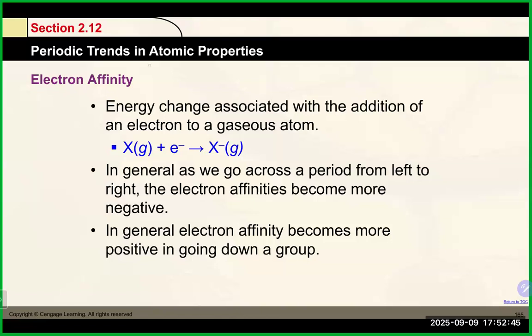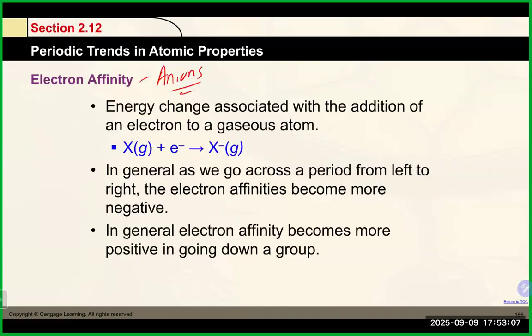Atoms gaining electrons become anions, so we think about anion formation, negatively charged ions. Ionization energy, like we talked about earlier, is losing electrons, so that's cation formation, positively charged ions.